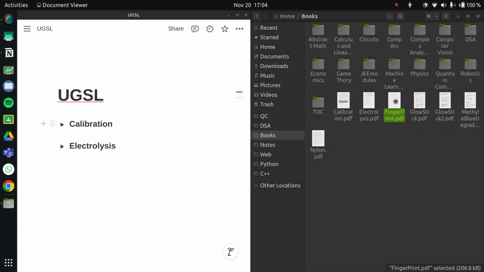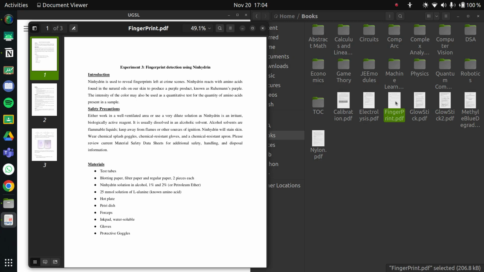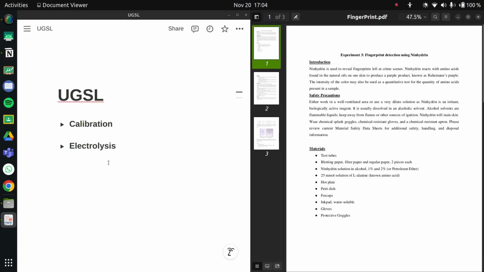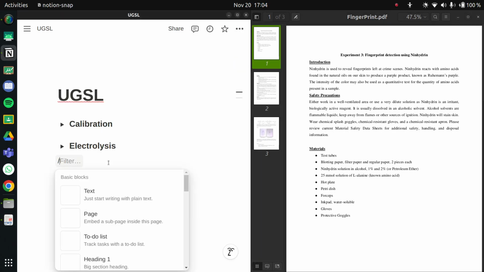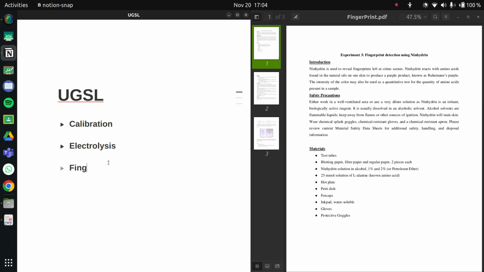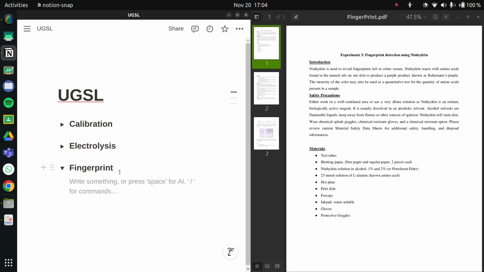So it's fingerprint. This has 3 pages. Sure. I still remember this thing. It was very bizarre, but let's just get to it. So it's fingerprint using ninhydrin.